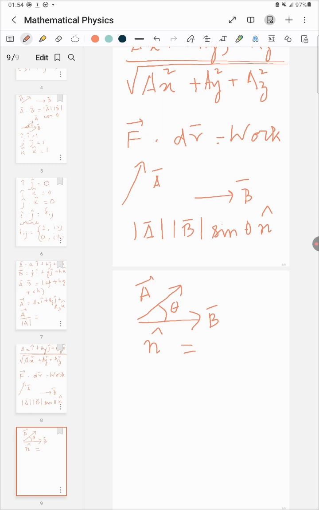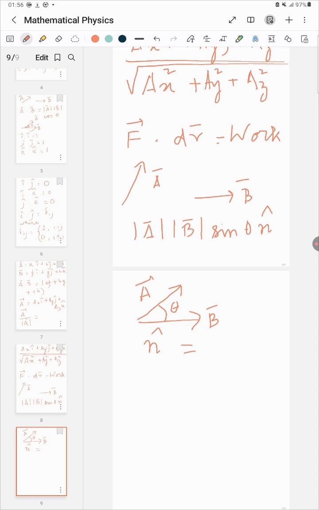If you curl all 4 fingers of your right hand, not the thumb, starting from the index finger, from B towards A, the direction in which your thumb points gives the direction of n cap. So the basic rule of finding n cap is: curl the fingers of your right hand from B towards A, and the direction of your thumb will give the direction of n cap.